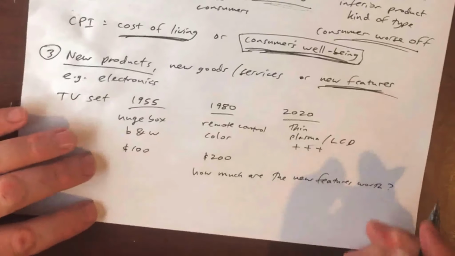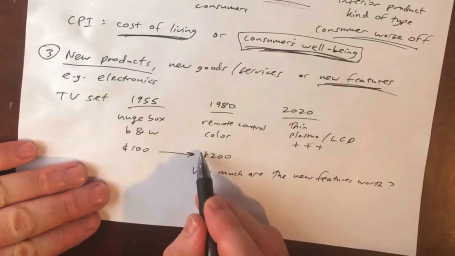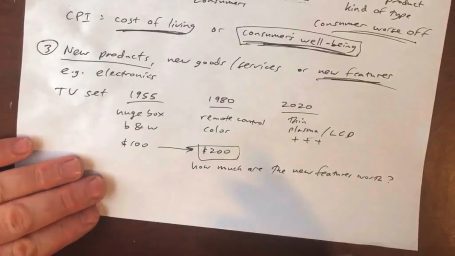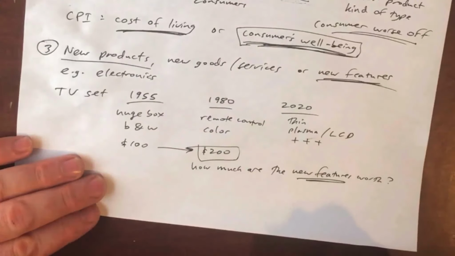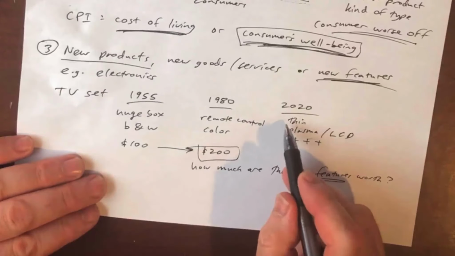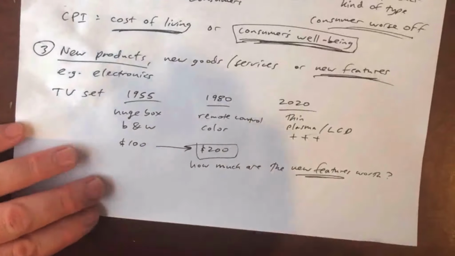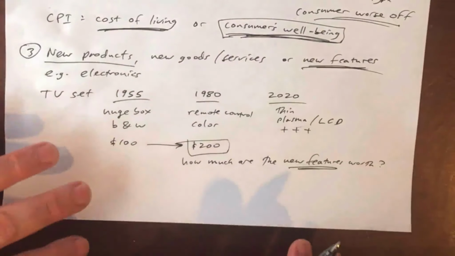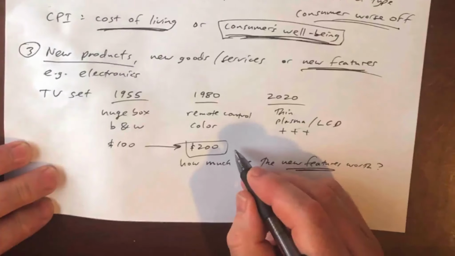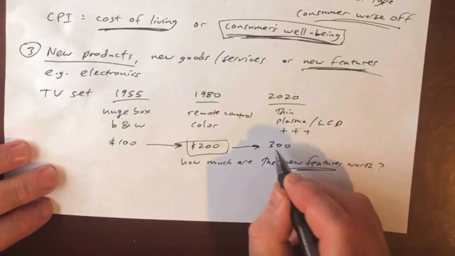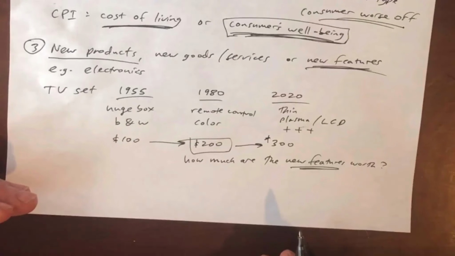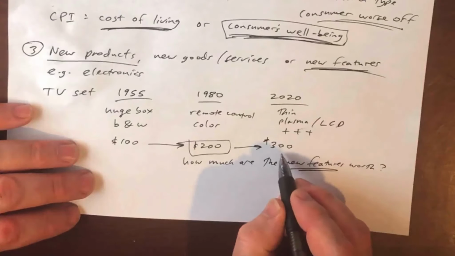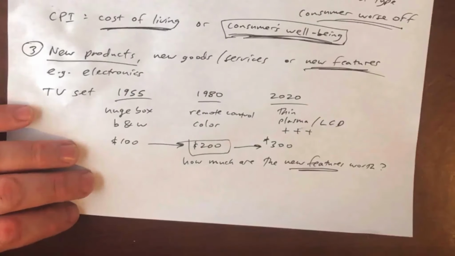Because in principle, the change in the price here is $100, but part of that price change is due to inflation, and part of it is due to these new features. And the same thing with this thinner plasma TV, fancy and all this stuff. What is that worth to the consumer? Let's say this TV set now costs $300. That's an increase, but maybe in real terms it's a decrease. Maybe it increased $100, but it has $200 of new and better features or something.